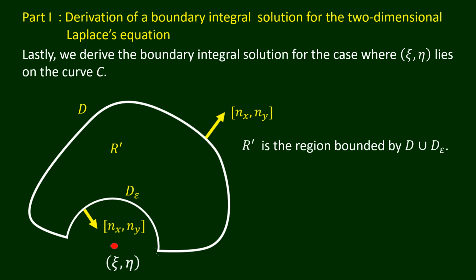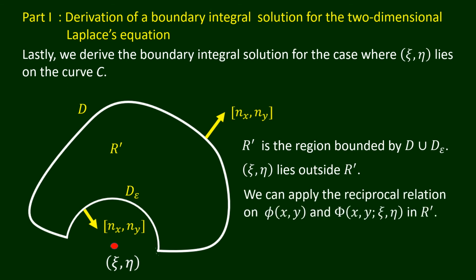R prime is the region bounded by the simple closed curve D union D epsilon. Since the point (xi, eta) lies outside the region R prime, we can apply the reciprocal relation on phi and capital Phi in R prime.